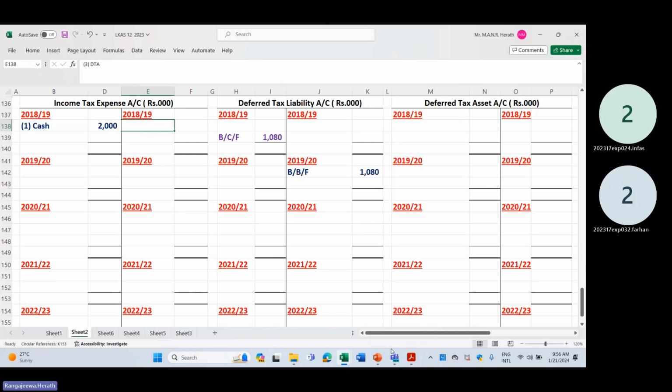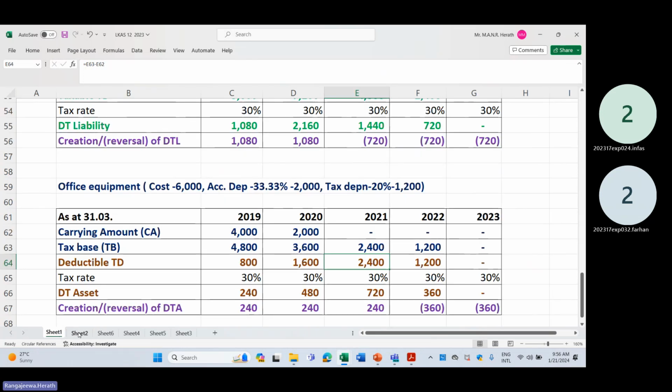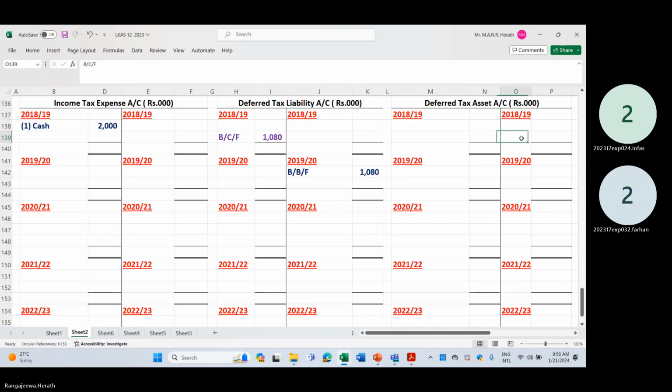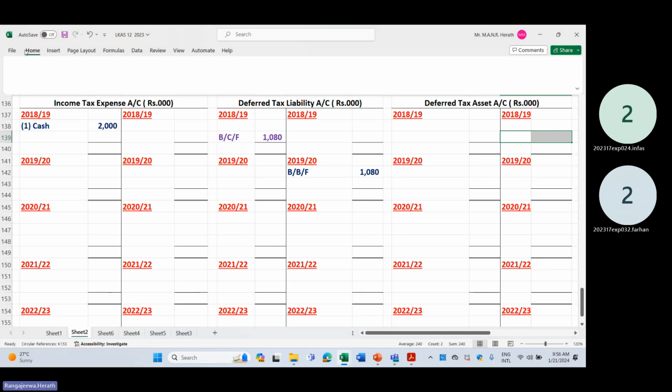Deferred tax asset balance carried forward first year 240. Carried forward 240.